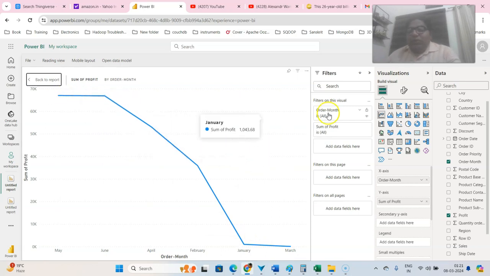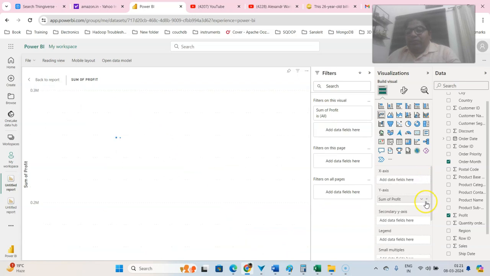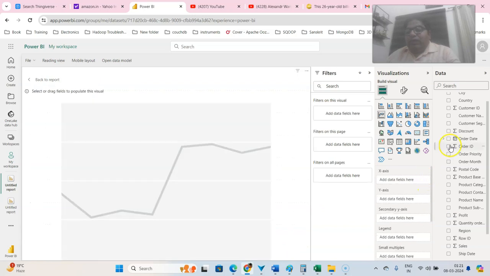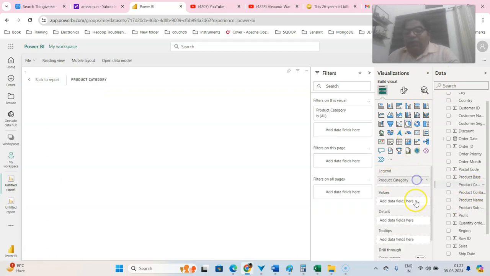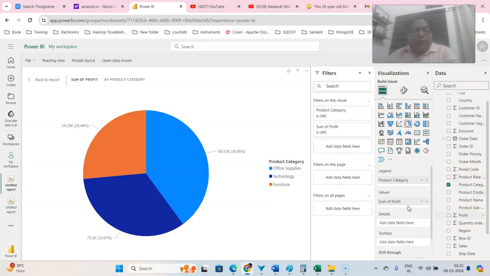Similarly, if we are going to show a distribution, like if we have a product category and want to see how much profit has been gained, which product category has got maximum profit and which one has got minimum profit, we can use the pie chart or donut chart as well. Let's put a pie chart like this, with product category and profit.